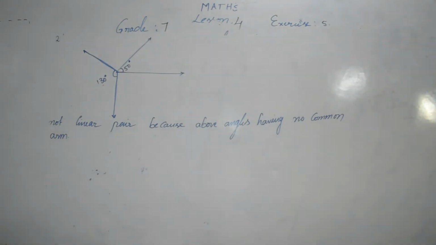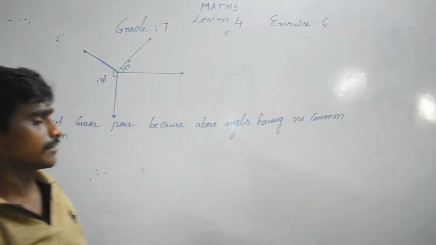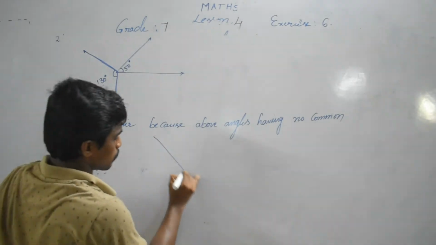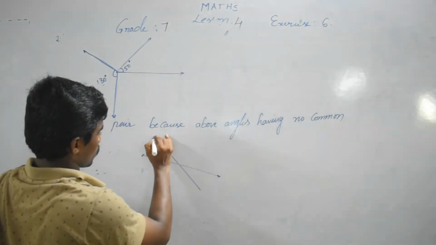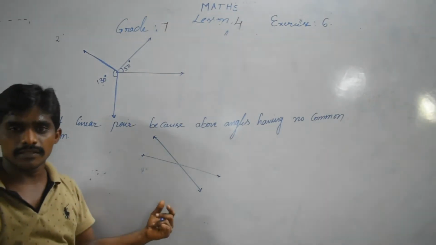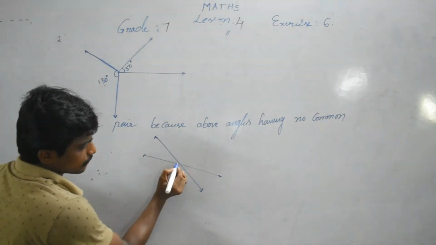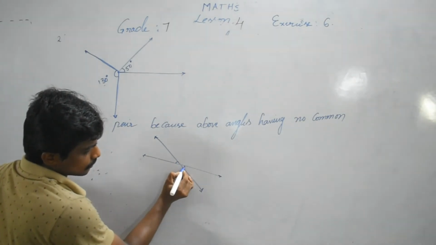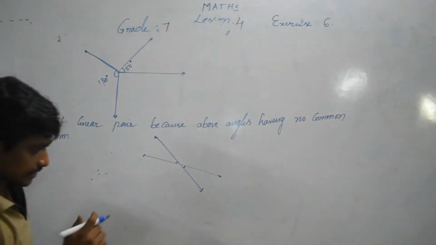Next one, exercise 6. Here see. What is this? Intersecting lines. What is intersecting?